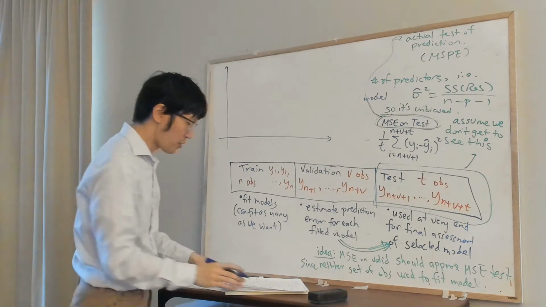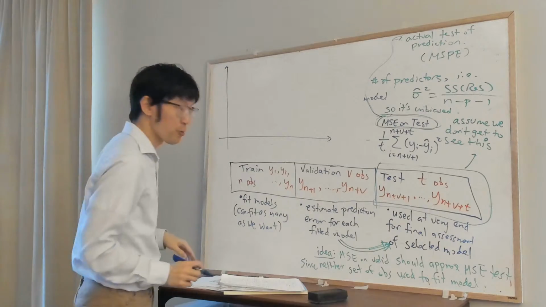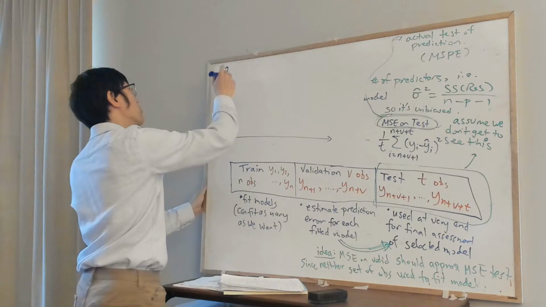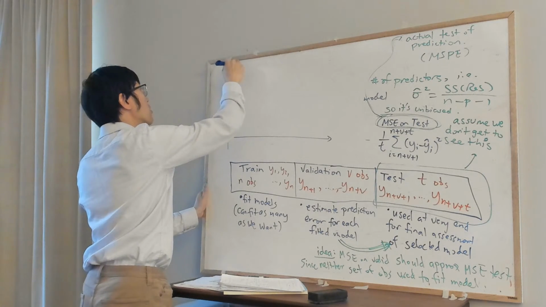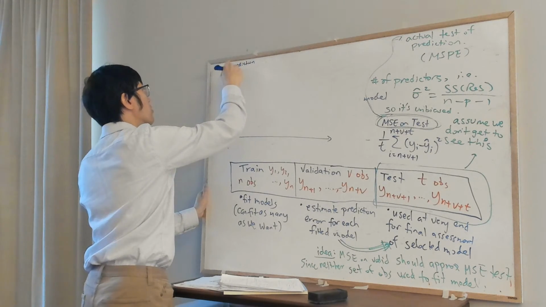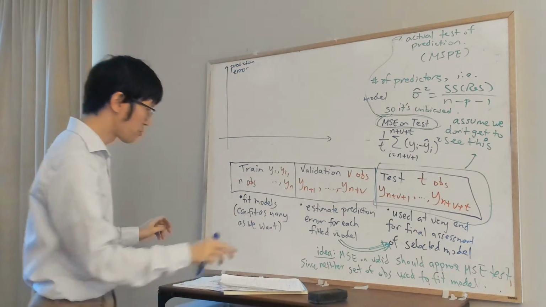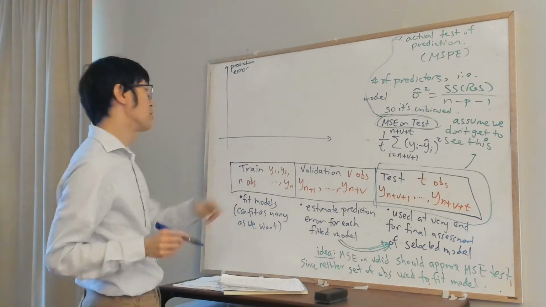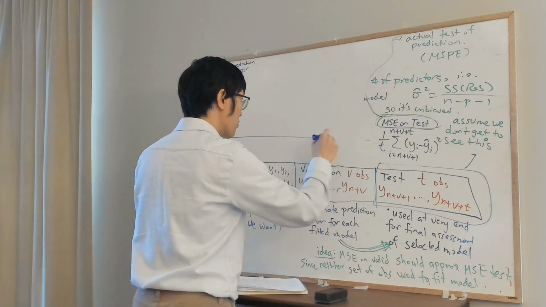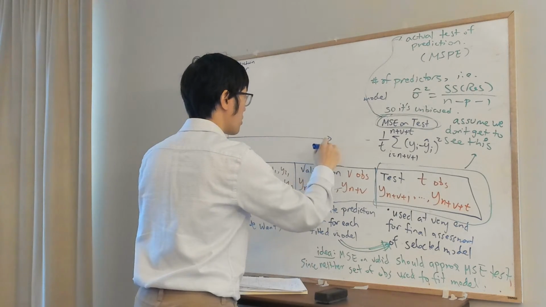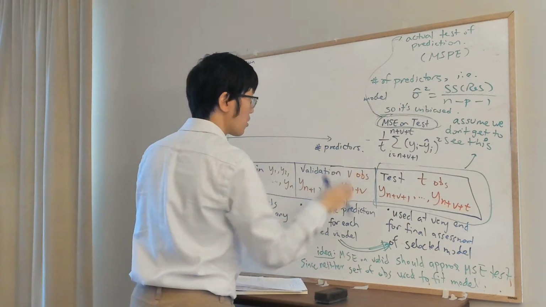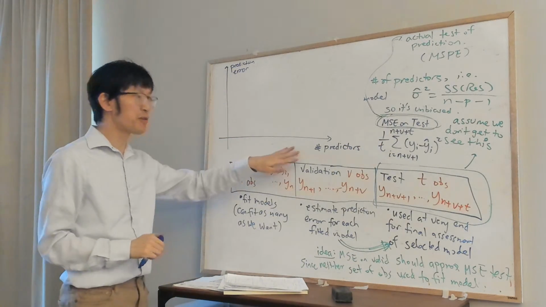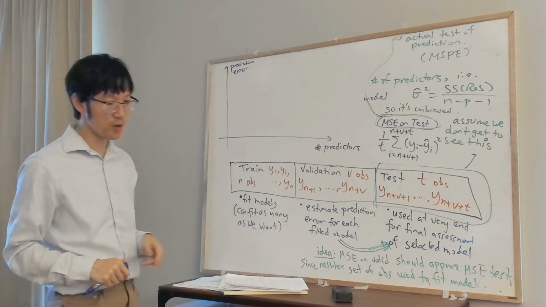On the y-axis, we're going to have whatever metric we chose for prediction error, for example, mean square error. Here on the x-axis, we're going to put the number of predictors. This is a graph that's used to illustrate why we need to be careful of overfitting.